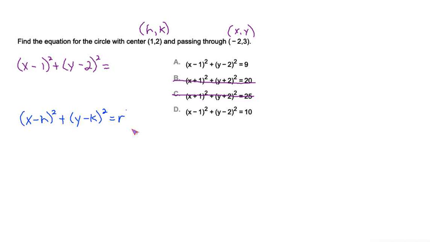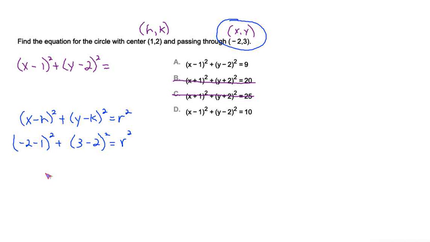And we can find r when we substitute in this point on the circle here, this negative 2, 3. We can put in negative 2 for x, and we can put in, of course, 1 for h. And then y is 3 minus k, which is 2.